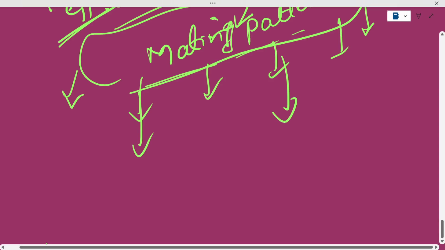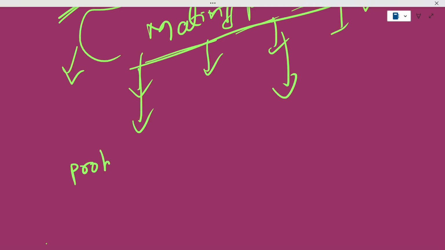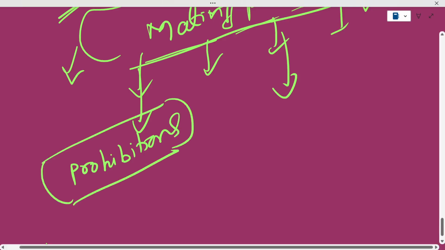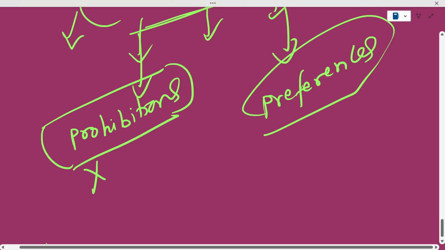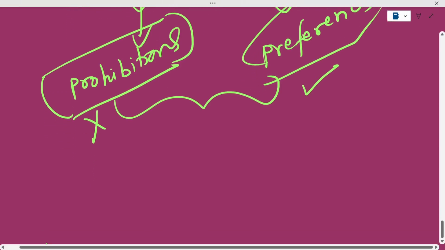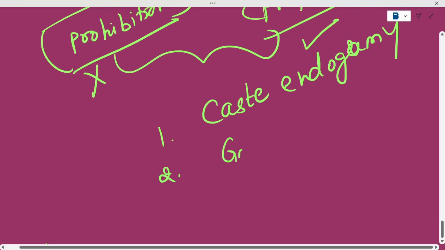But most of the marriage patterns can be clubbed into two groups, prohibitions and preferences. Prohibitions are who you should not marry and preferences are who you should marry, and there are many rules for that. Especially in India there is caste endogamy, which means you must marry within your caste, but we also follow gotra exogamy.